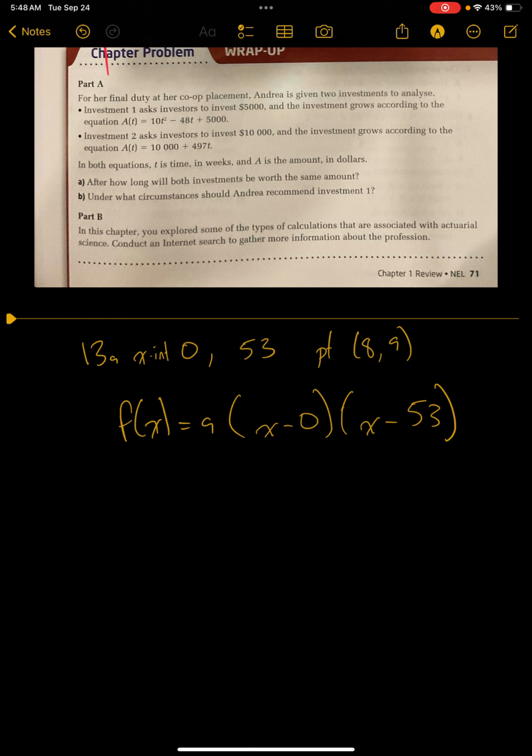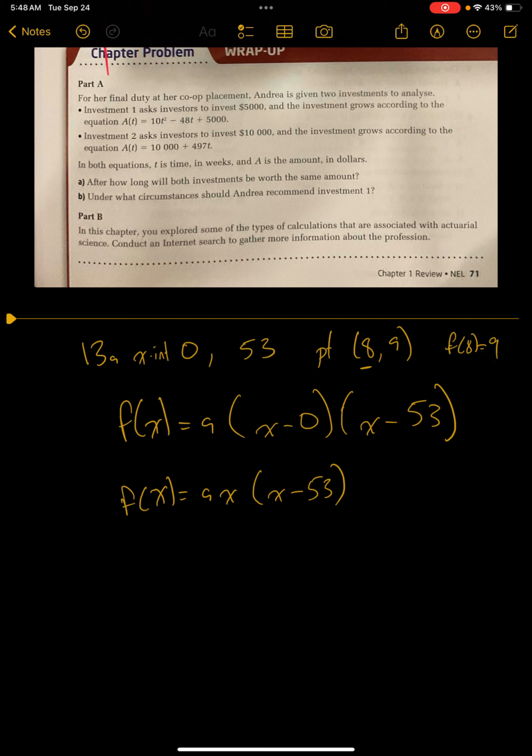Just rewrite it a little bit. f of x equals a x times (x minus 53). All right, and now we find our value of a, and we know that f of 8 equals 9.